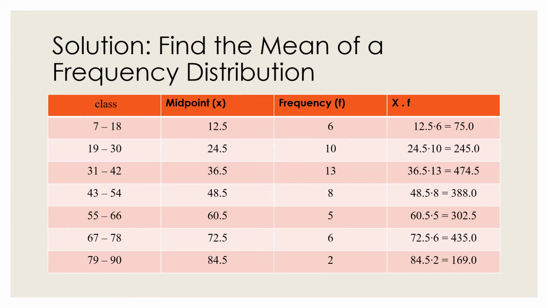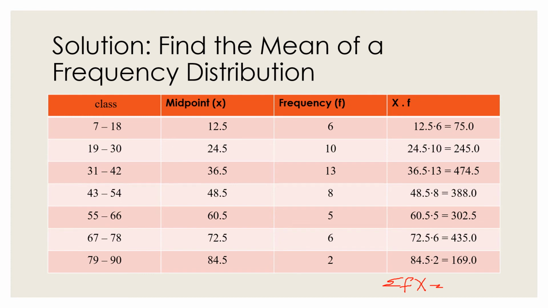So we have 12.5 times 6 is 75. You just multiply the midpoint and the frequency to get the total.